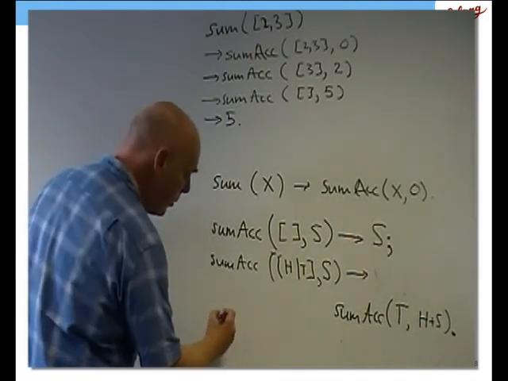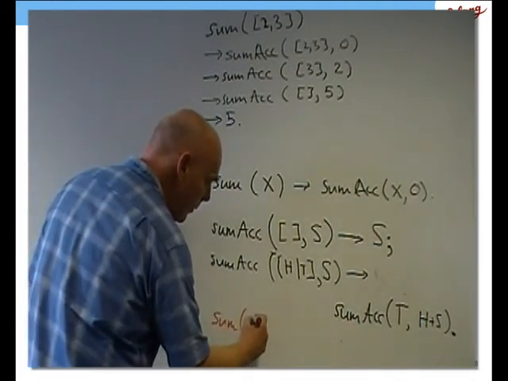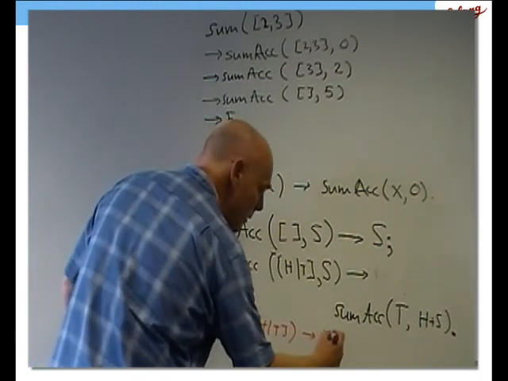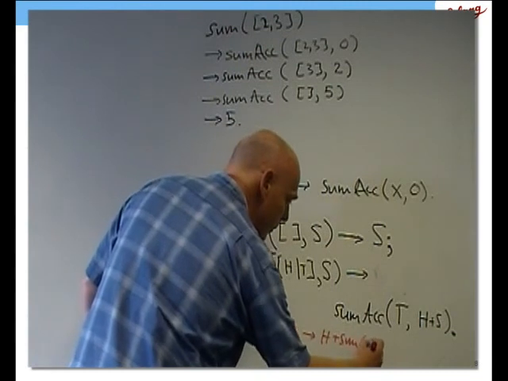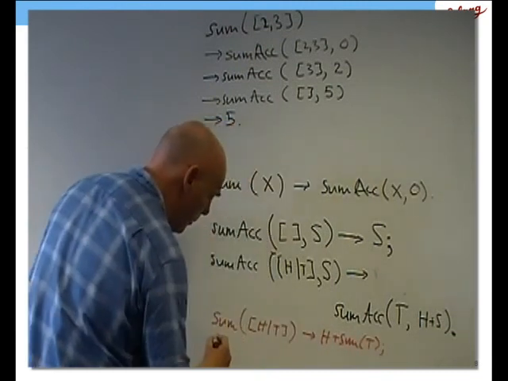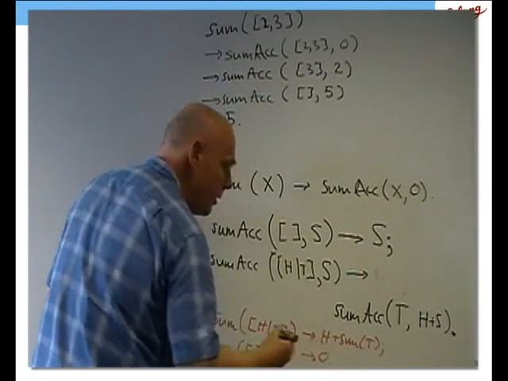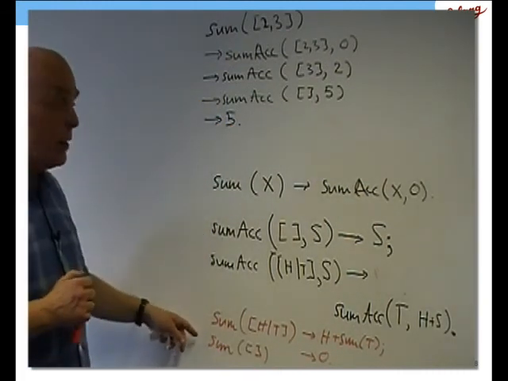If you compare this to what we had before, where directly we said what the sum of this list was, and that the sum of the empty list is 0, so directly that says what the sum is.